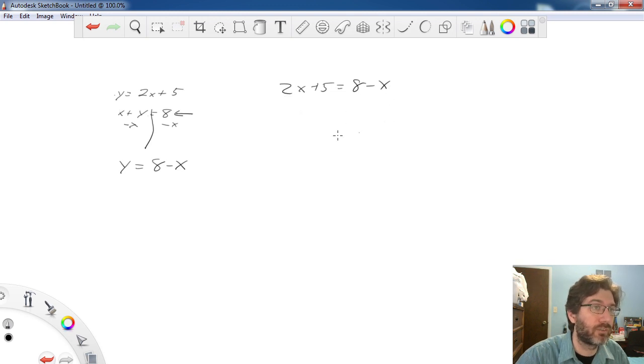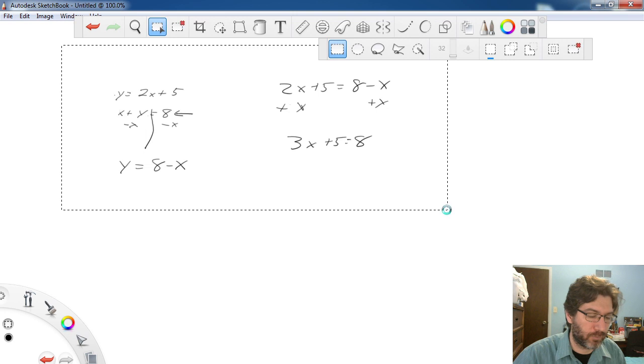I can bring 2x over or 1x over this way, so let's just add the x plus the x, and this is where you get your 3x plus 5 equals 8. So you would have gotten it anyways doing it that way, but it's probably easier to just plug that one into this one. But it's whatever you're more comfortable with.